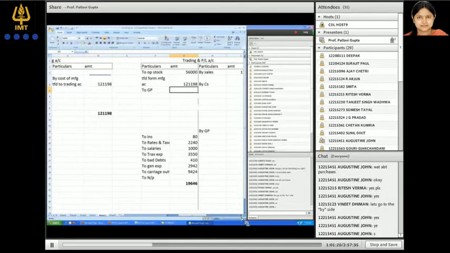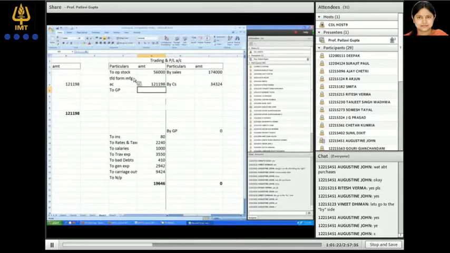Now I will calculate the gross profit from the trading account. This is the total for the trading account. Gross profit would be this total minus the sum of these two. Right?